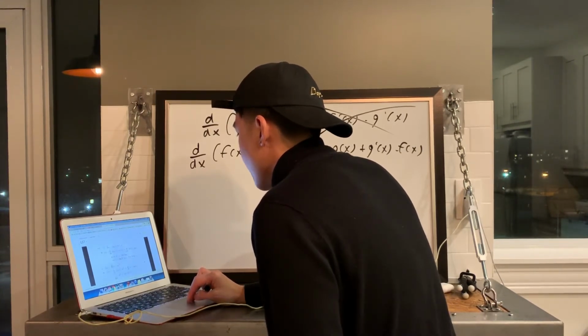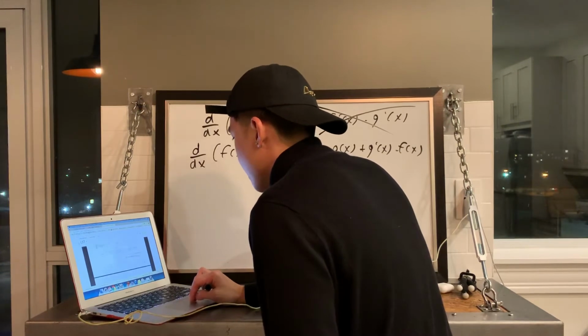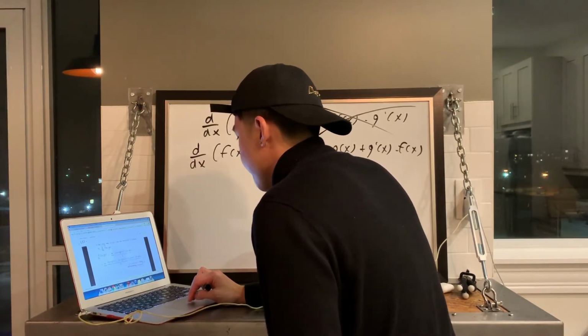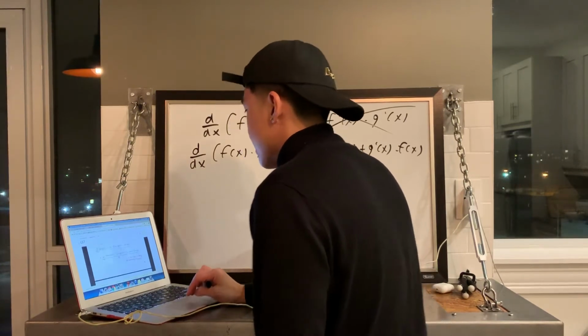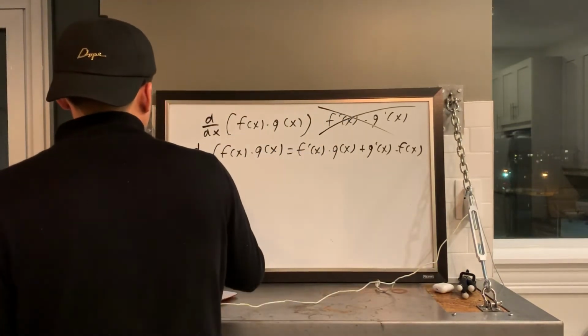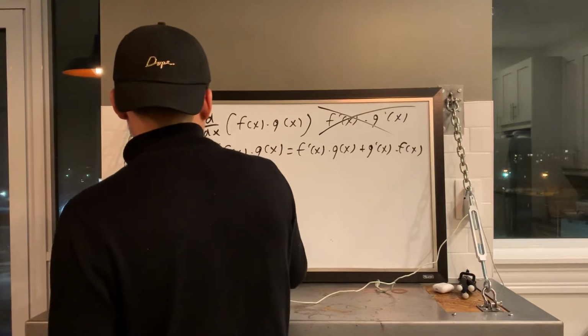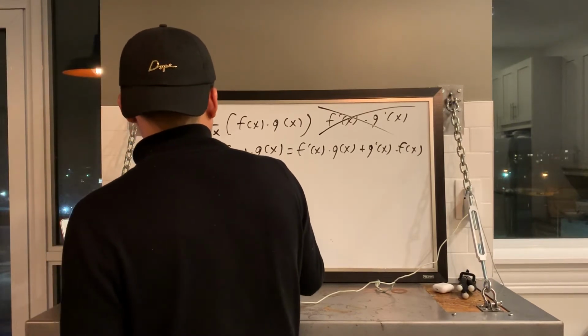So I guess I can prove it, I guess. So you have a derivative, d dx of f of x times g of x.